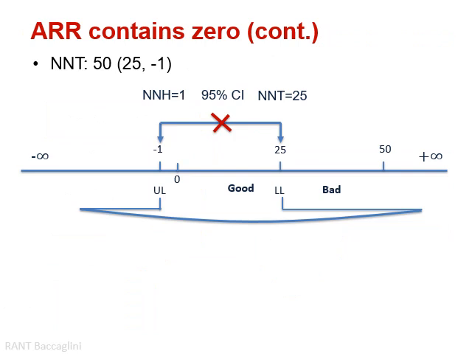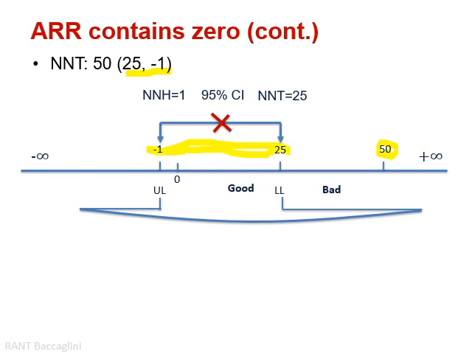It seems that 50 is outside the range of the confidence interval, and also the confidence interval looks quite weird, from 25 to -1. What we can see is that the 50 is right here. We shouldn't be thinking of the confidence interval as being from -1 to 25, as it's shown up here.